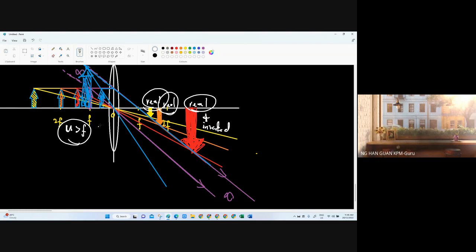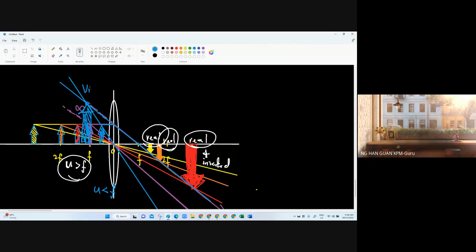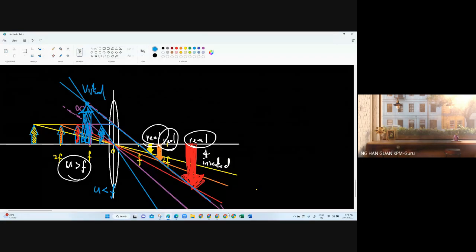Okay. For the object distance less than F, our image is virtual.